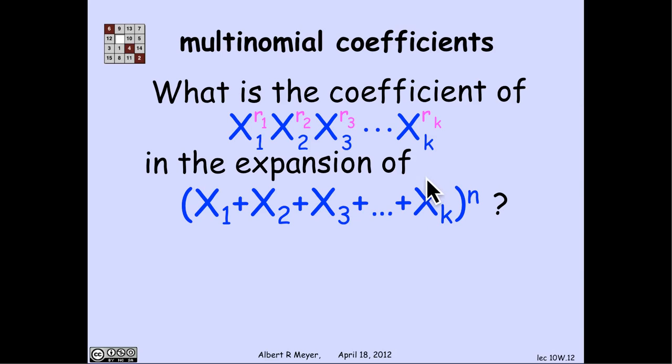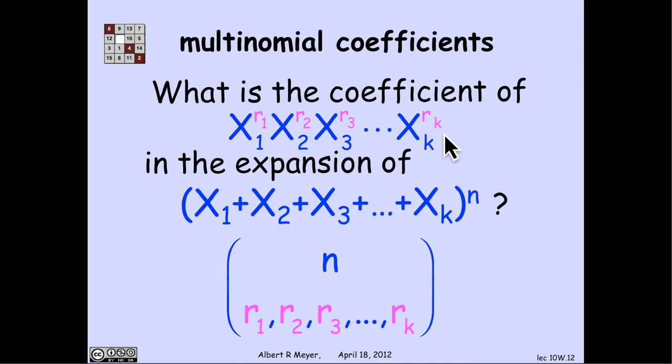And if I ask how many of those products of n of these k variables have this many x1s, this many x2s through this many xk's, I'm asking again a bookkeeper question, and the answer is n choose r1, r2 through rk.